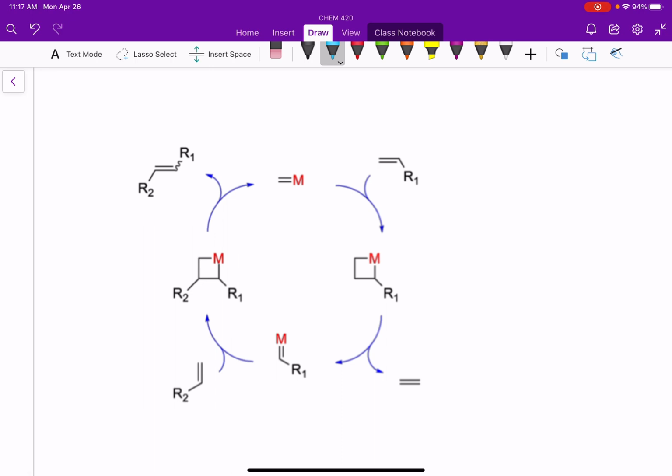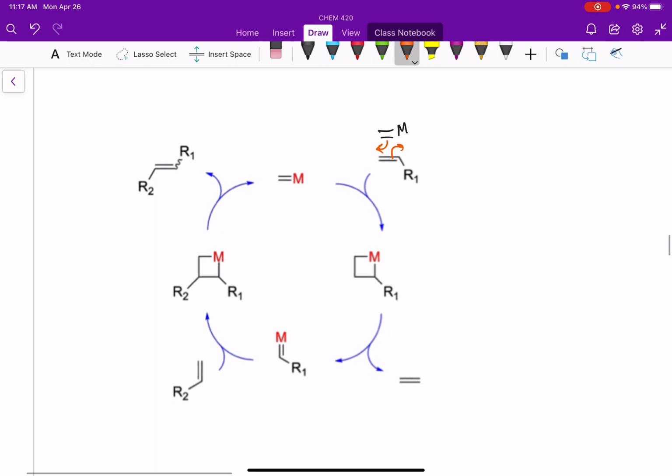So if you take a look at it, the metal basically inserts via a 2+2 reaction to get you this four-membered ring here. That happens again, where you lose two carbons.